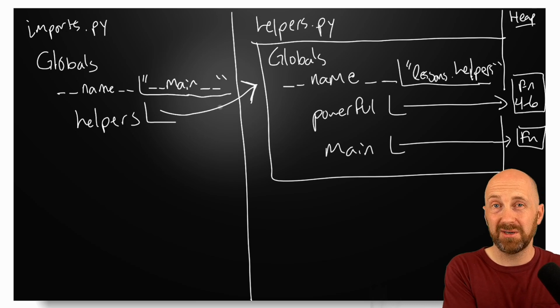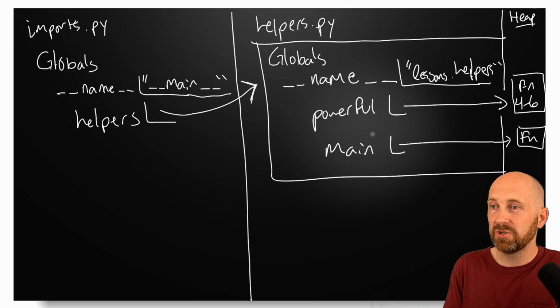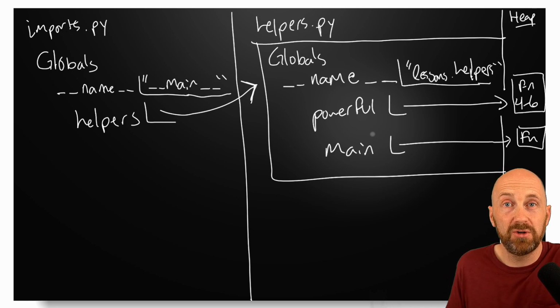There are ways of forcing Python to do that, but typically you only want to load a module once because you care about what's in its globals frame. And when you import certain things from it in other places in your program, you don't want it to have to re-import each time. So the first time we import something from a module, that module loads, and its global names are available to us. And then the second time we import something, we just reuse that.